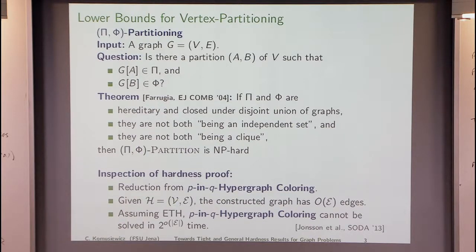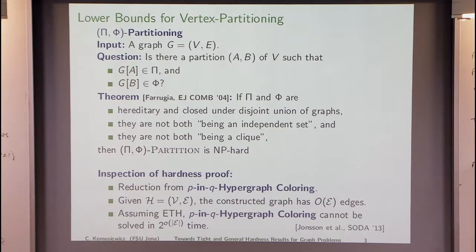And the reduction has the nice property that if this is your hypergraph that you get as input, then the output graph has this many edges and vertices also. And we found that this P and Q hypergraph coloring, you can also think of it as positive P and Q set, has a tight lower bound for the running time.